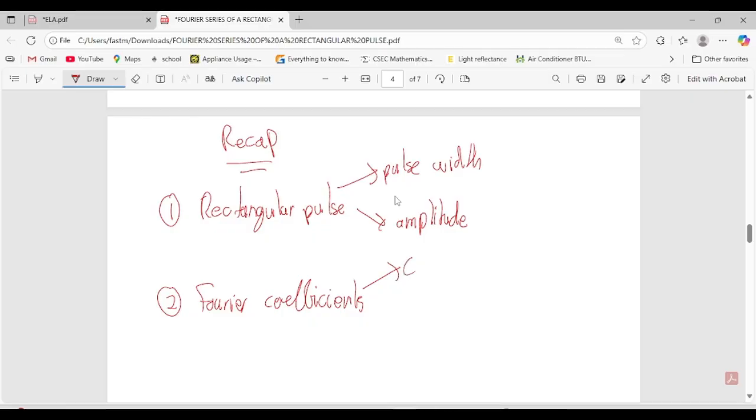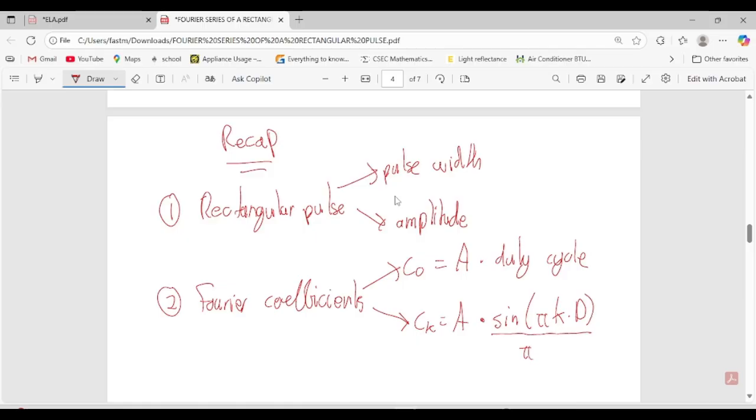So the first thing is C0. C0 is your amplitude times the duty cycle. Real simple, right? And then CK is basically amplitude, but instead of the duty cycle, you're multiplying it by sine of pi k times that same duty cycle, divided by pi k.